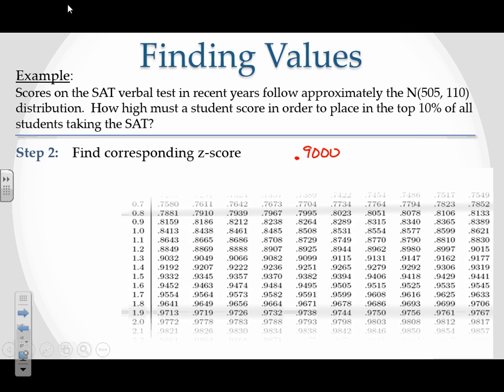And the more practice you do with this, the more you have to use the table, the quicker you'll be able to start finding things, because you'll start to remember common percentages and where they lie.